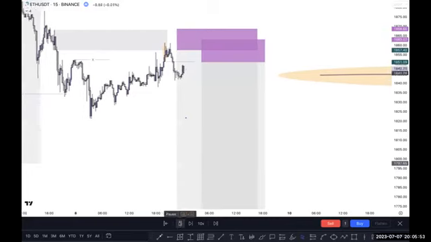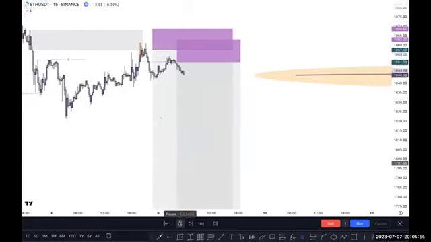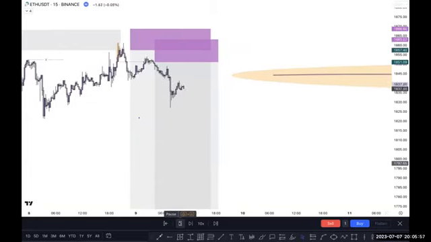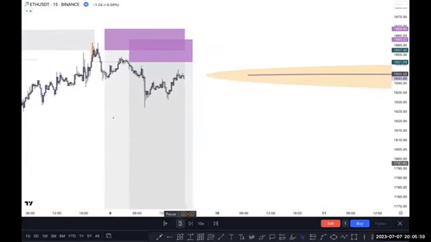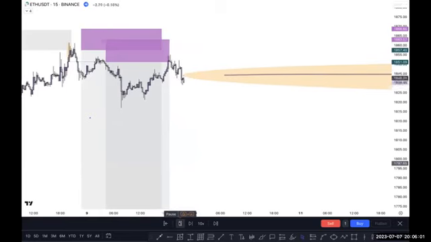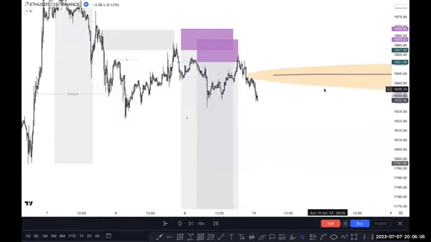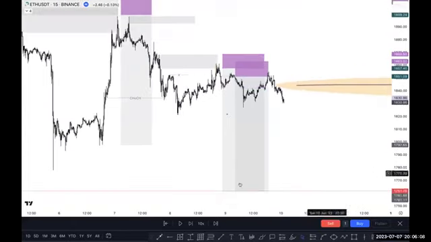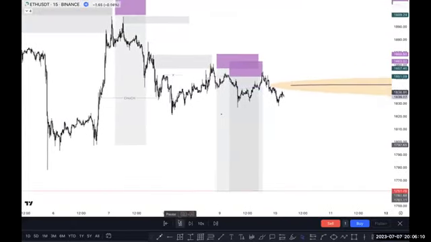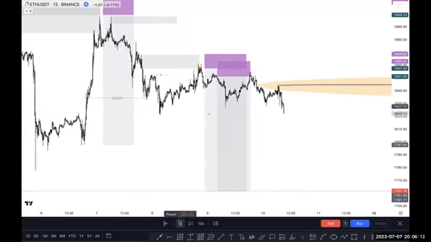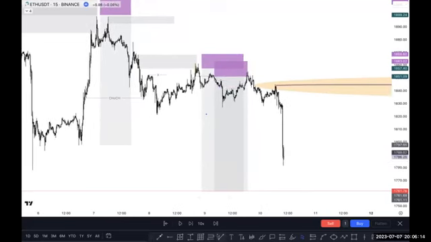Okay. You have to wait for it to mitigate this one and push downside. All right. And you can use multiple entries until this low is broken.